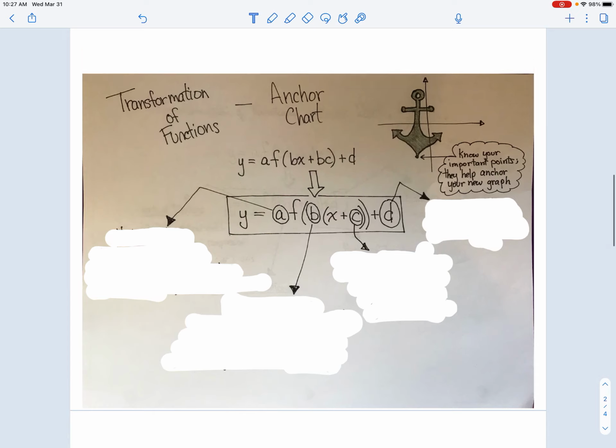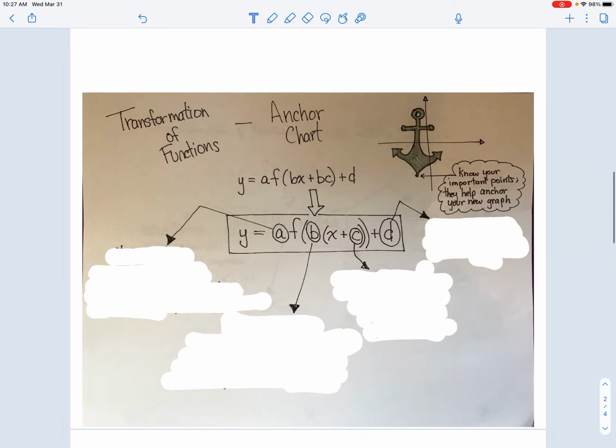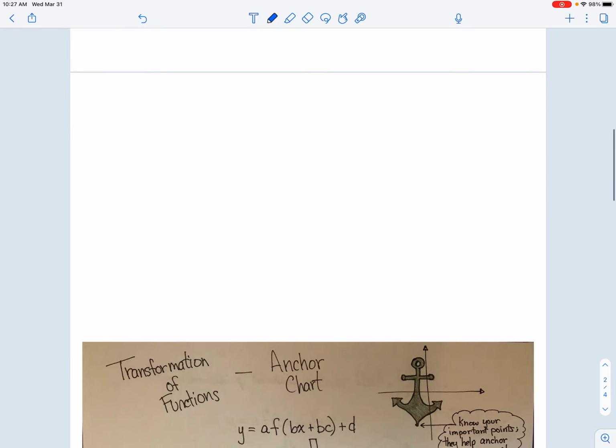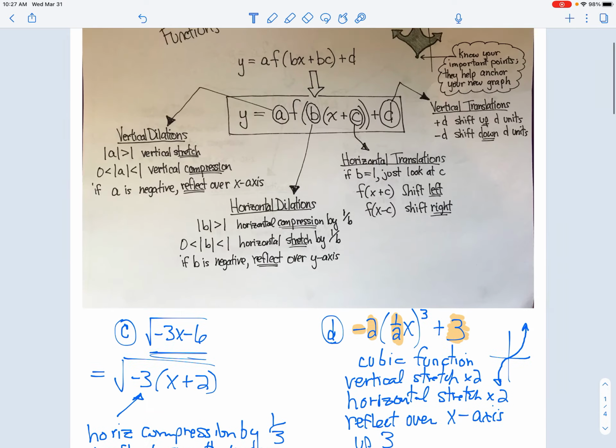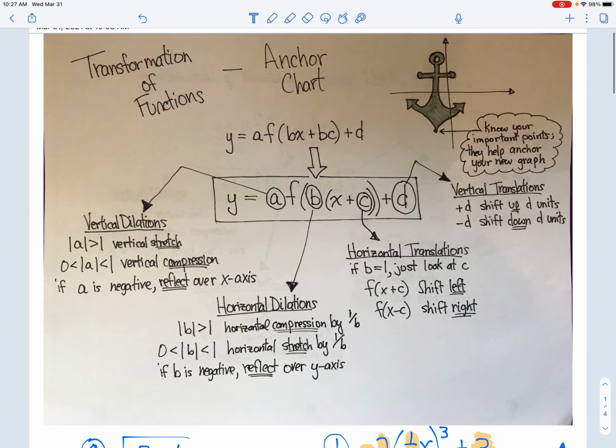This organizer can help them with not even just Algebra 2, but reciprocal functions, even logarithmic, exponential, piecewise functions, and then in trigonometry and pre-calculus, the effects talk about the amplitude, period, phase shift, and vertical shift. So there's lots of opportunity to make this anchor chart work for you. Have fun, and thanks for watching.